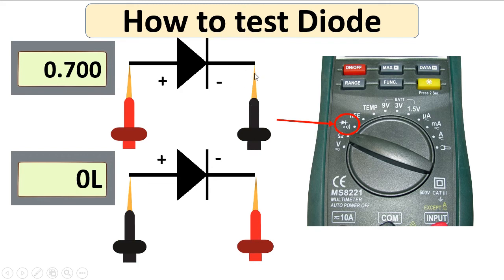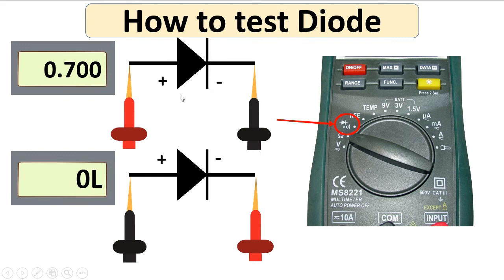By using this configuration, you should get a reading in the multimeter of about 0.700 or 0.695, in accordance with the type of the diode.